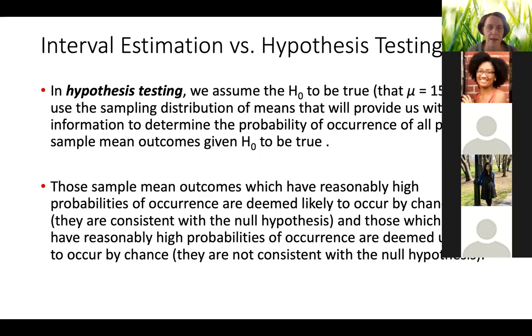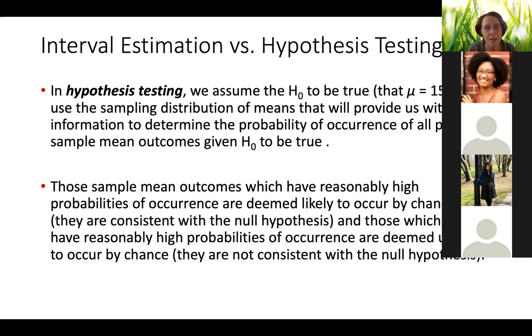So as I said, the crucial difference, or the logic of all hypothesis testing, is that we always assume that the null hypothesis is true. In this example, we assume the 151 hours are the true life of the new flashlight batteries.